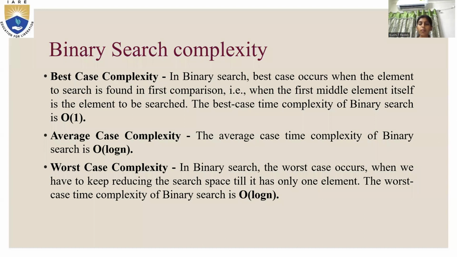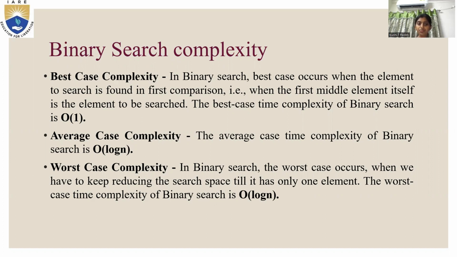So binary search complexities. Best case complexity: in binary search, the best case occurs when the element to search is found in the first comparison, when the first middle element itself is the element to be searched. The best time complexity of binary search is big O of 1. Average case complexity: the average case time complexity of binary search is big O of log n.